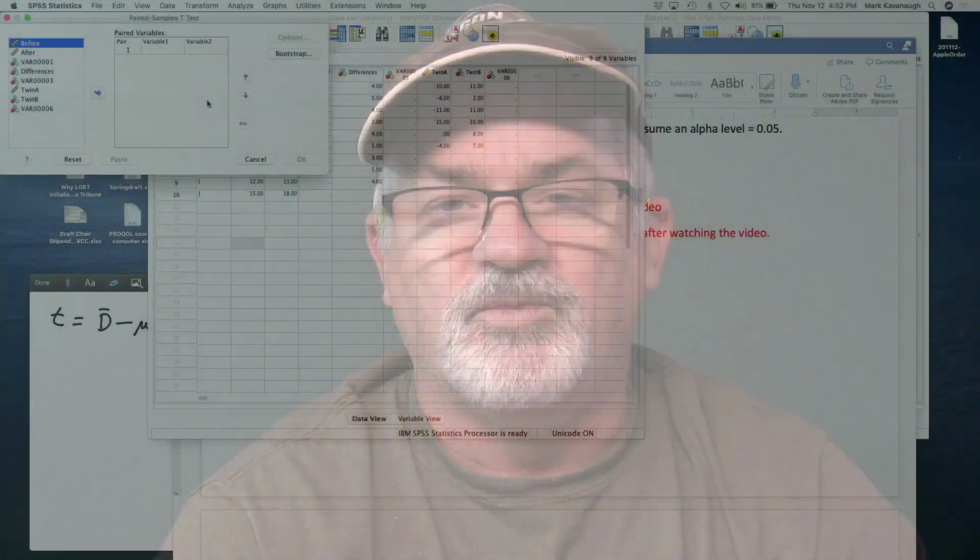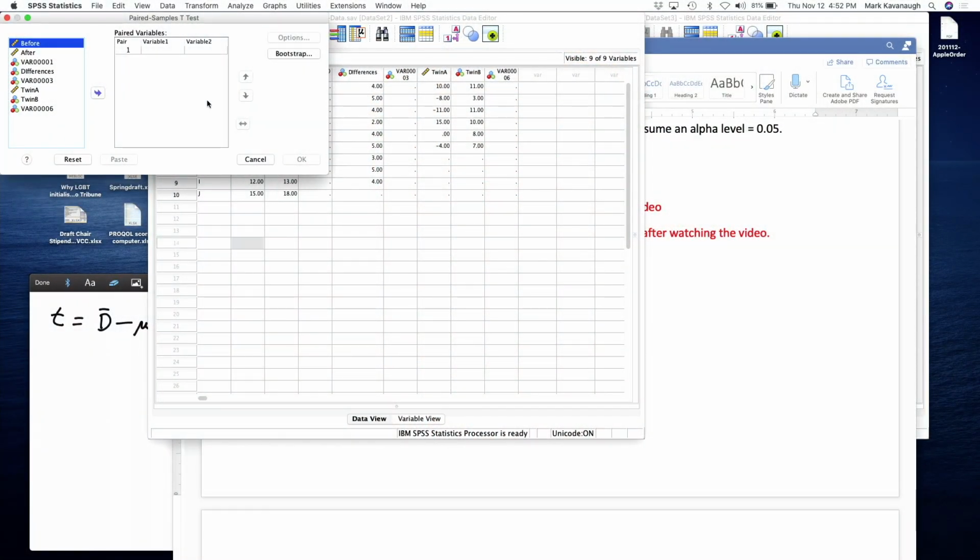And interestingly, when we're using the Paired Samples t-test, you have to remember the equation that we're looking at the difference between the after and the before. So when you're entering in the variables, you want to put the after as variable 1 and the before as variable 2.